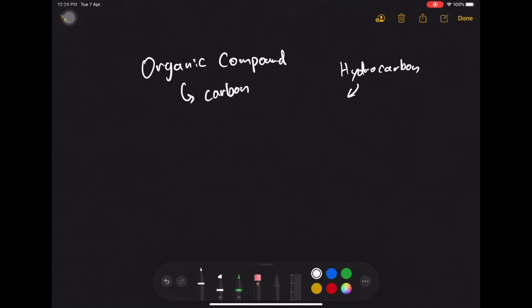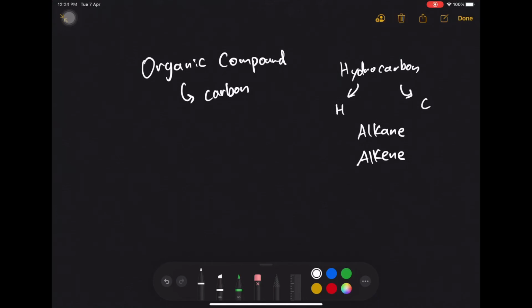Hydro means hydrogen, and carbon means carbon, so these compounds only contain these two. For hydrocarbons, we have our alkane and our alkene, because these two contain only hydrogen and carbon. But alcohol and carboxylic acid have oxygen with them, so they are not known as hydrocarbons, unlike alkane and alkene.